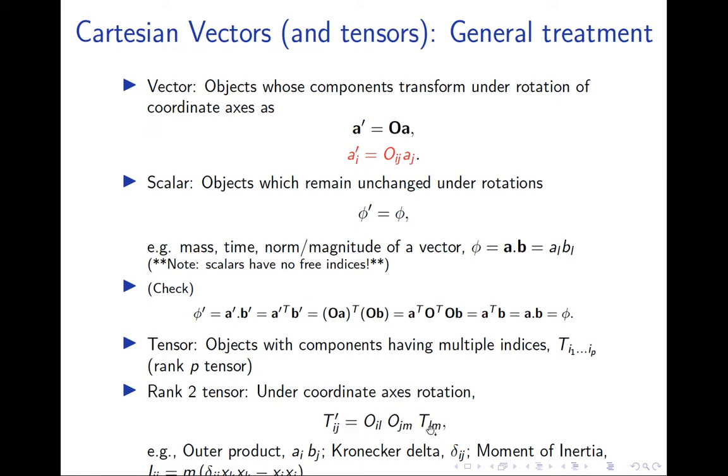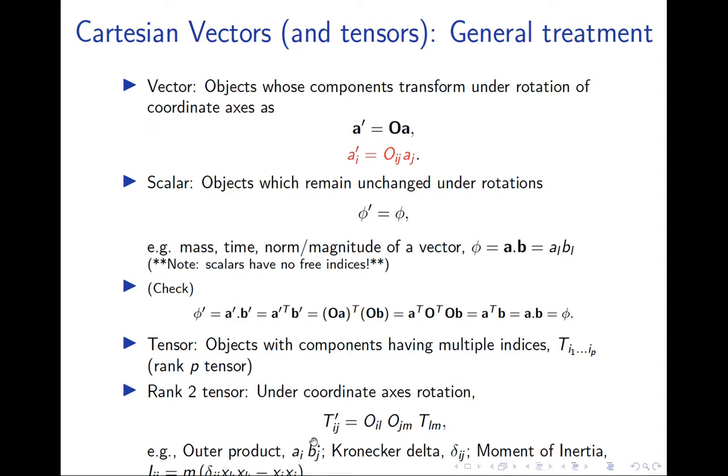So this is the definition of a rank 2 tensor, which has 2 free indices. We have 2 factors of the transformation matrix times T_lm. Now, there are examples in physics where you have this as well. One prominent example of a rank 2 tensor is the outer product of 2 vectors, A_i B_j.